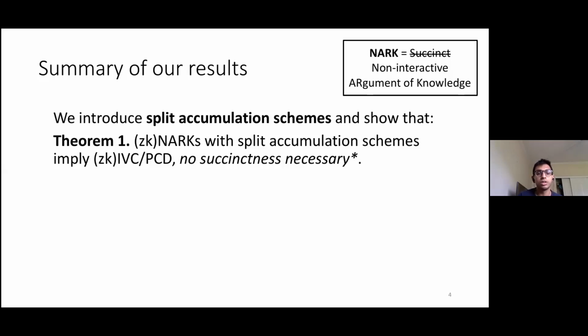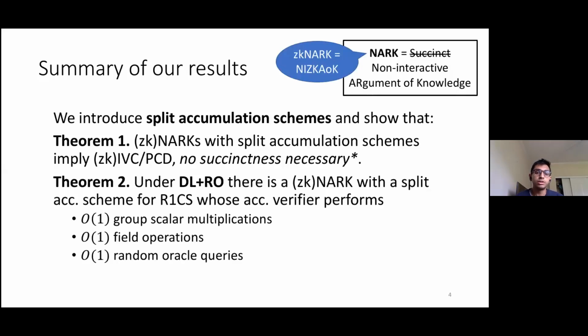And if you have zero knowledge, then your IVC scheme also inherits the zero knowledge. So there's a slight asterisk. I'll get into what that asterisk is a little bit later, but roughly we move the succinctness from the NARK to the accumulation scheme, or one component specifically of the accumulation scheme. Right? Okay. So that's a generic construction of IVC from these NARKs with split accumulation.